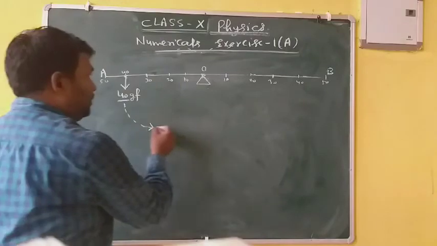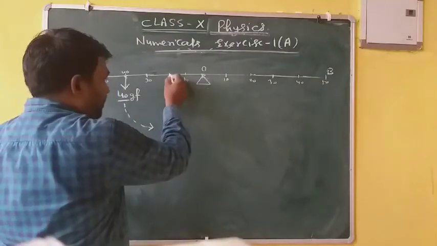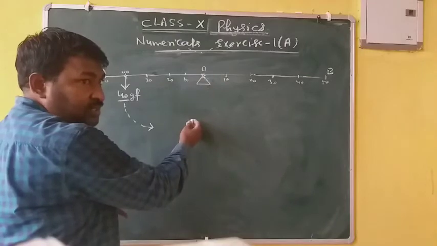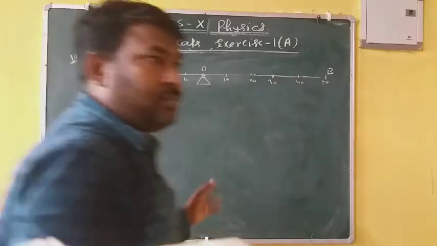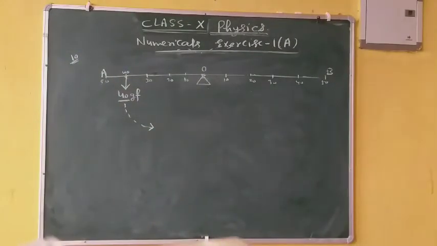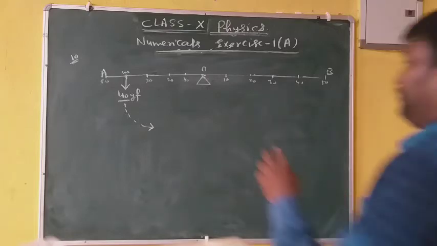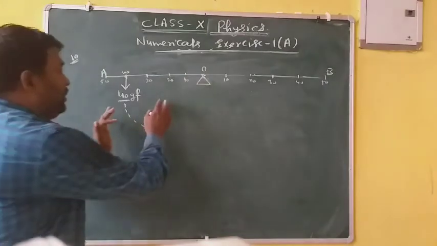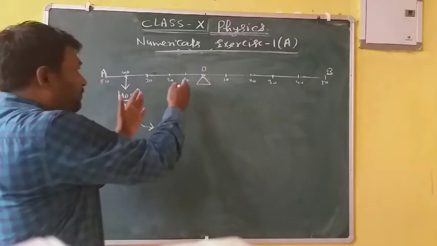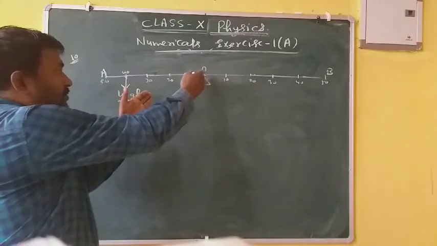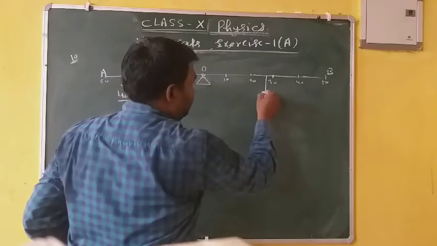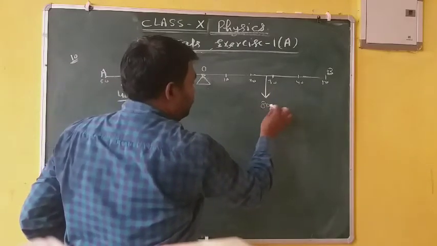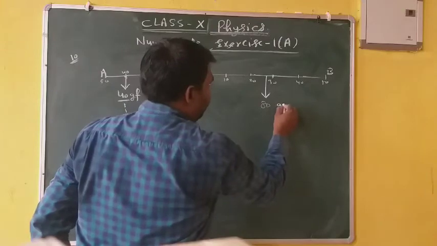So the moments will simply add, and you cannot balance by putting any force on the left side of this support. That's why you need to put the 80 gram force somewhere on the right side of O.